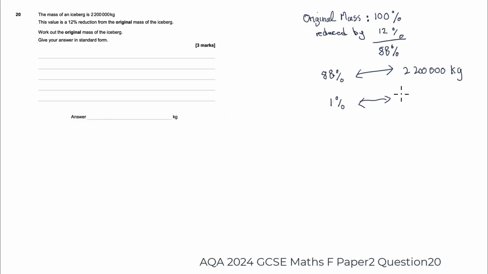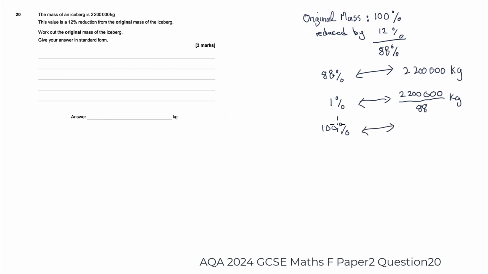So we would take this figure and divide it by 88. We've got calculators, we'll do that in a wee minute. Now that's only 1% of the original iceberg. Well, at least that's progress, because now how do we get to 100% if we know what 1% is?